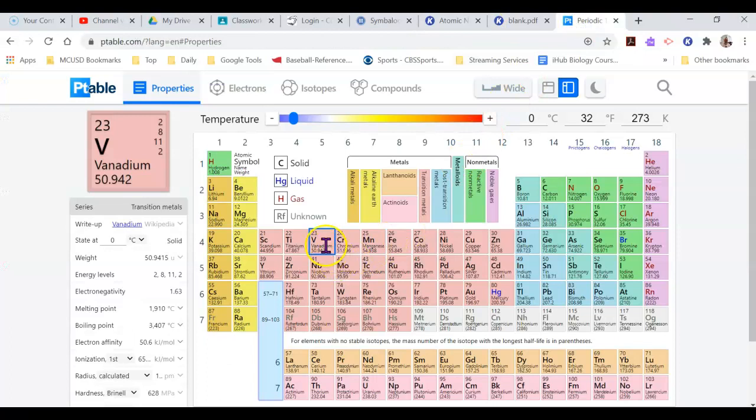So I went ahead and highlighted here. Again, there's a lot of useful information in the boxes on the periodic table for each element. So we're going to look at vanadium.